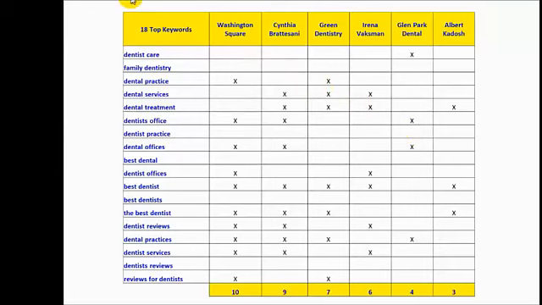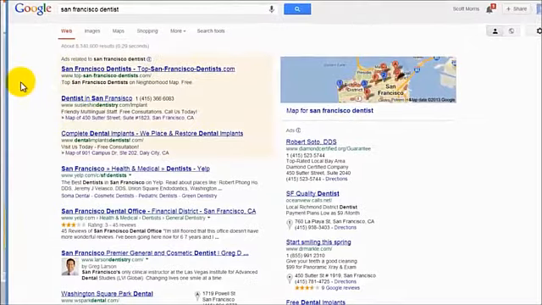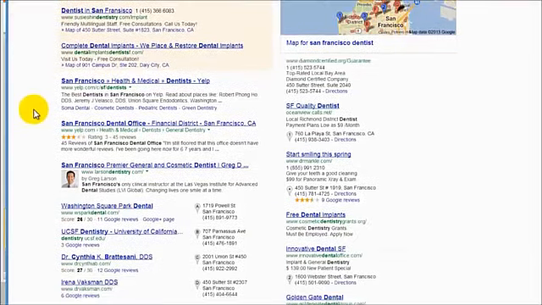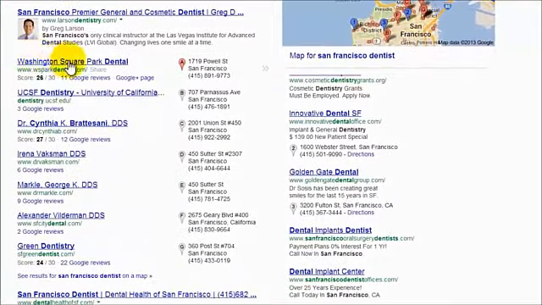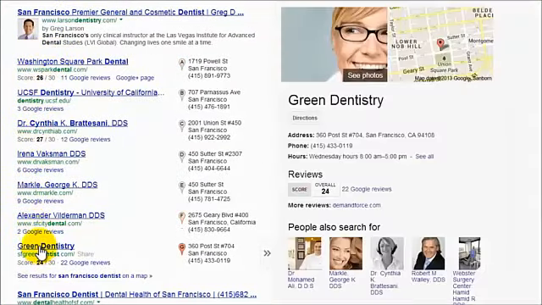Let's take a look at that again real quick so you understand exactly why this is so important. We're back here on page 1 of Google, and we've typed in the word dentist. In my case, I had to type in San Francisco because I do not live there. But if you live in San Francisco, you just need to type in the word dentist. As we scroll down to the middle of the first page of Google, you see these 7 dentist offices on page 1.